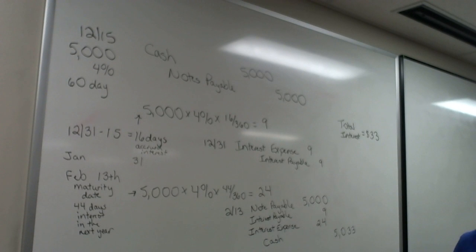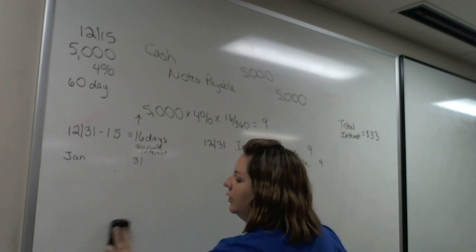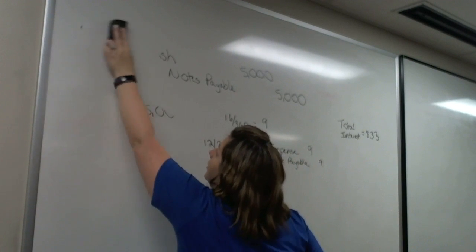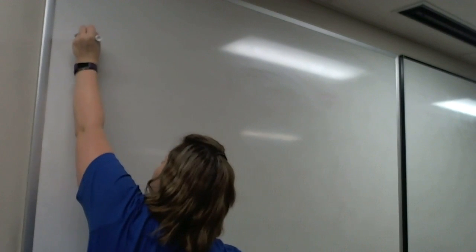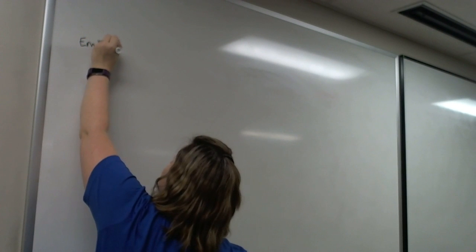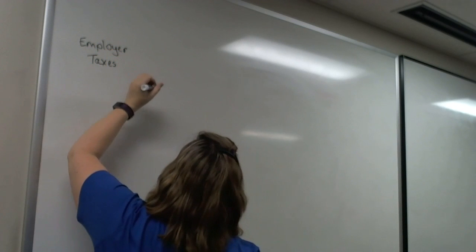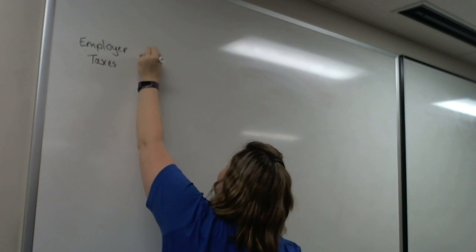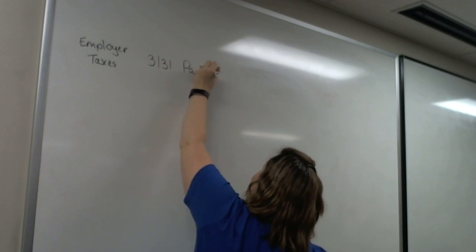So what that journal entry looks like, has everyone got this down? We'll look at what that looks like. So this is employer taxes. Whatever, we'll just say it's March 31st. They're going to pay a payroll tax expense.